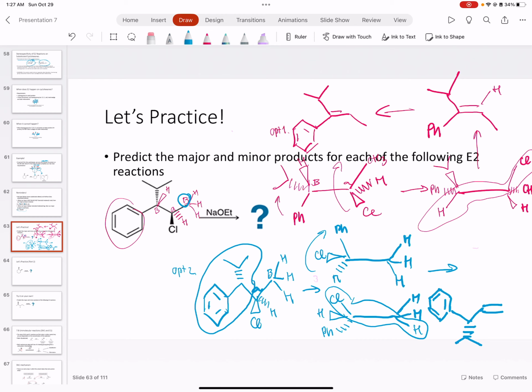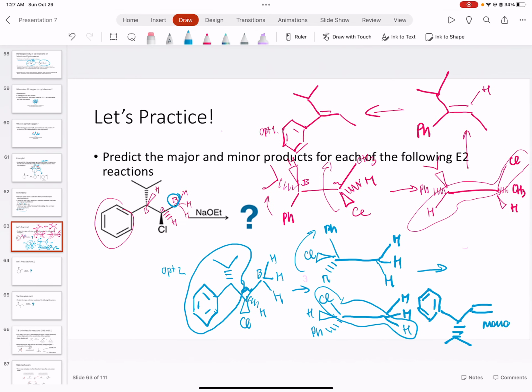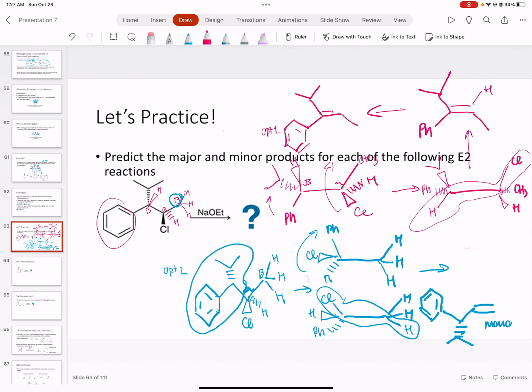And as you can see, this one's mono, while the other one was disubstituted. And if we take into account that this one's not really sterically hindered, or it's not bulky, then our major product is gonna be the more substituted. So then that one's my major, and then this one's my minor.